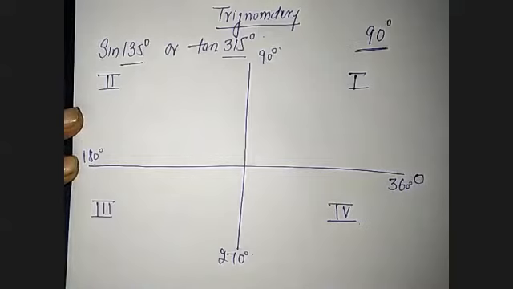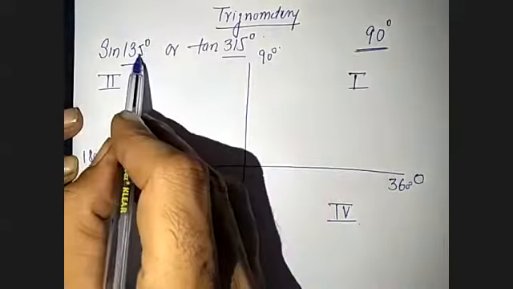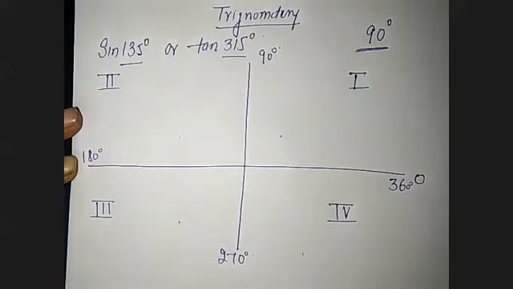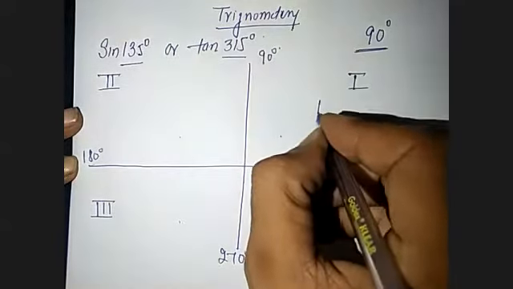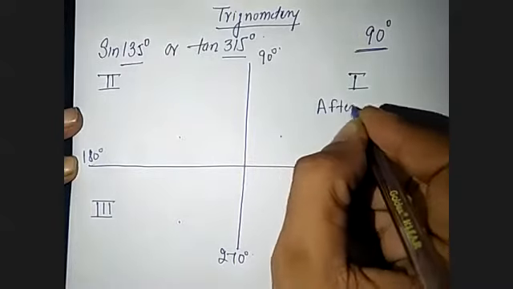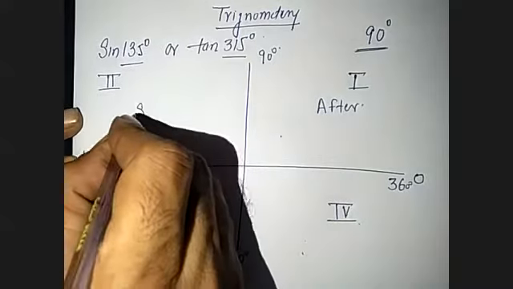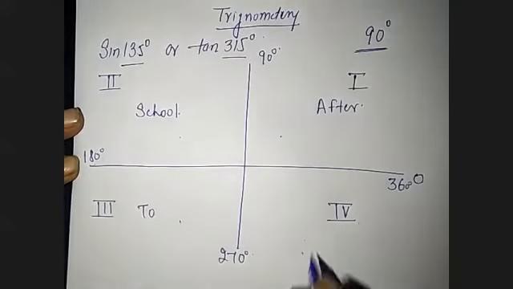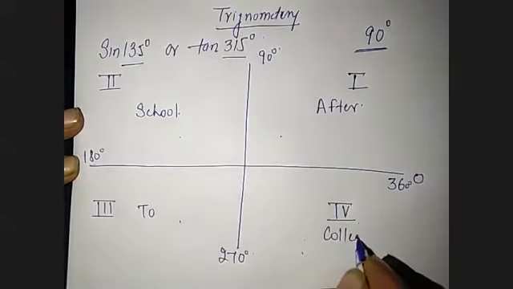Now theta can lie anywhere. This angle can lie anywhere, here, here, here, or here. For that we use another simple denomination. We say "After School to College."